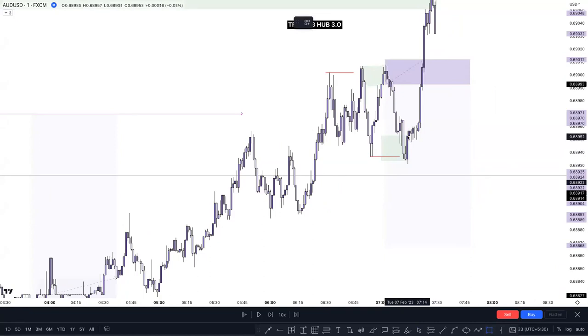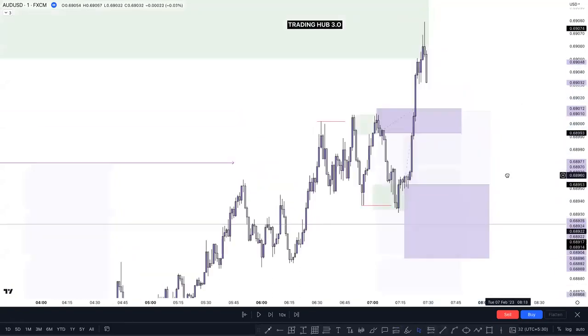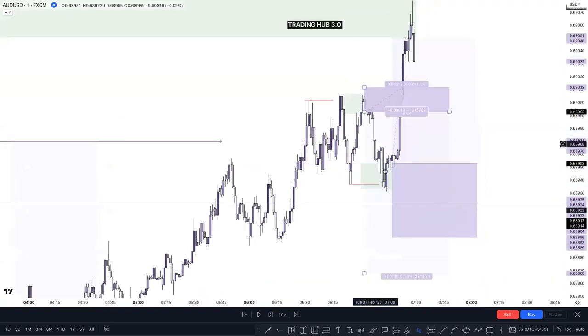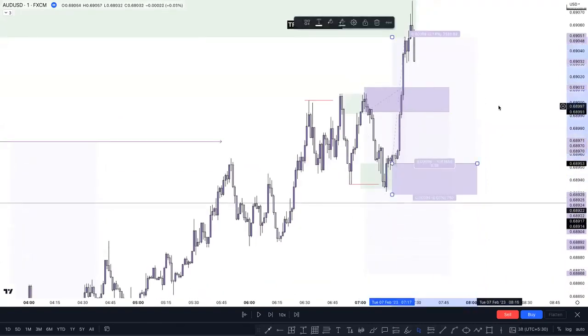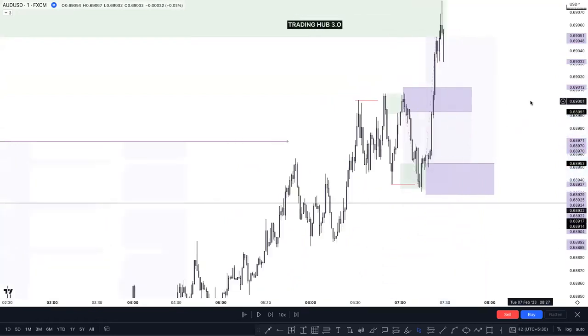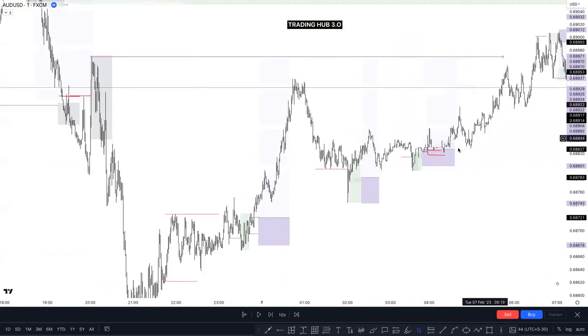You can buy here again, this one, because this is an actual candle which taken out the previous candle liquidity. So simply again, you can buy here, but you have to put the target here, because this is our 15-minute order block, right? And this trade closes on a break even point. The same process happens here.